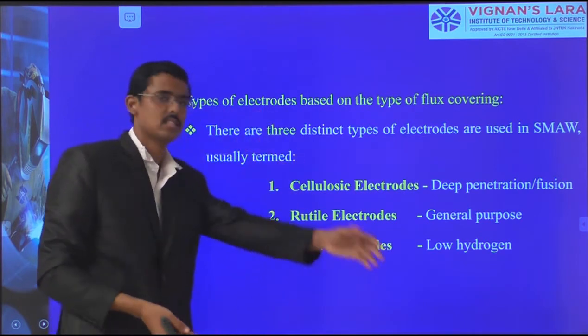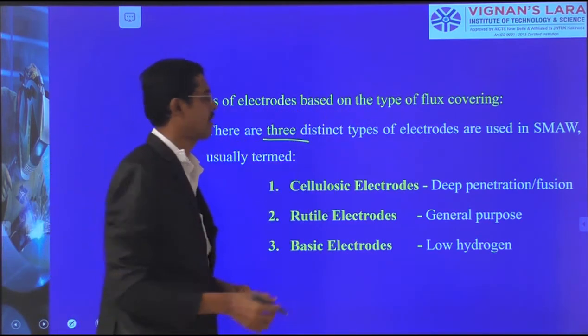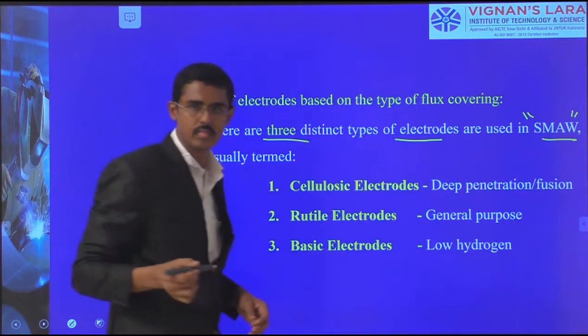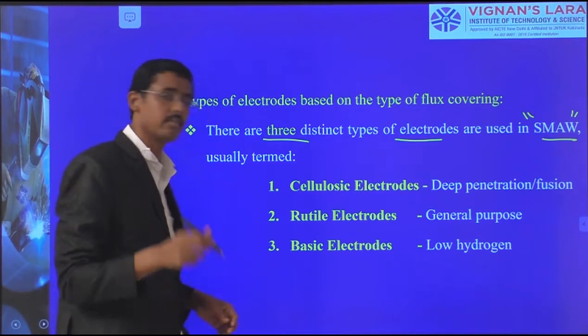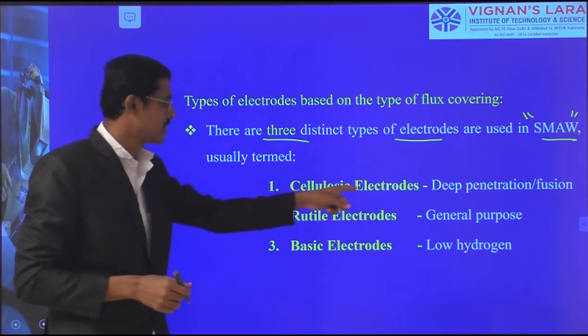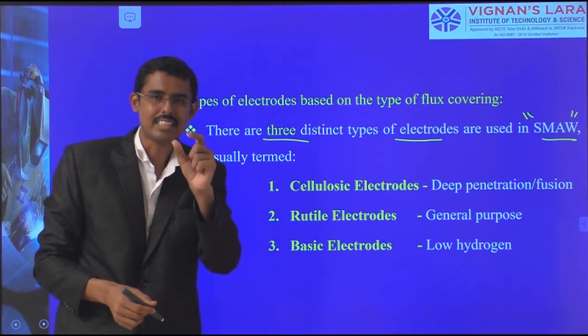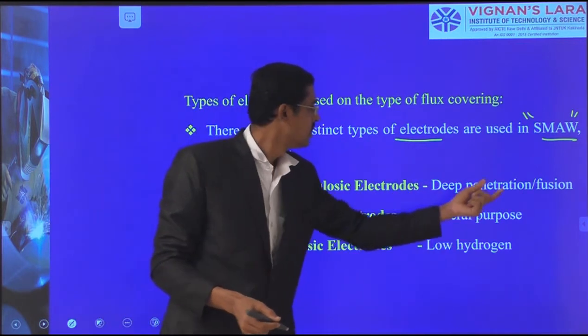So I am dividing these into 3 categories. There are 3 distinct types of electrodes used in the SMAW process, the consumable SMAW welding electrodes. As a key point, the cellulose electrode is used for deep penetration.